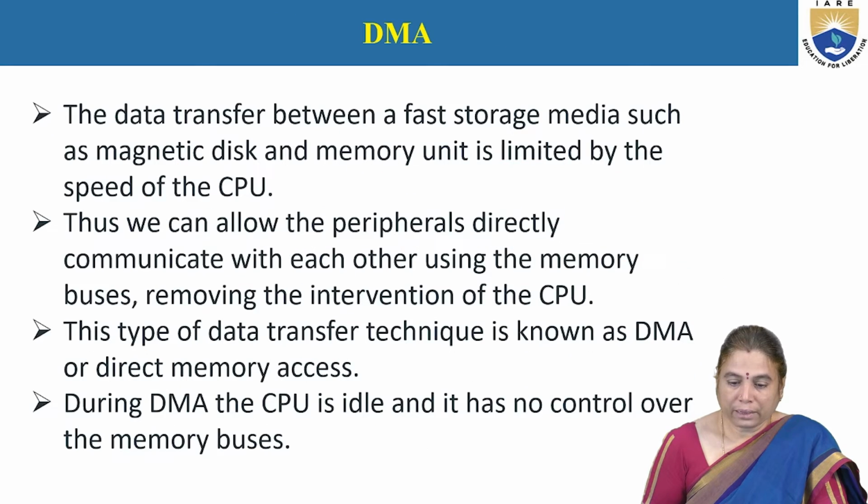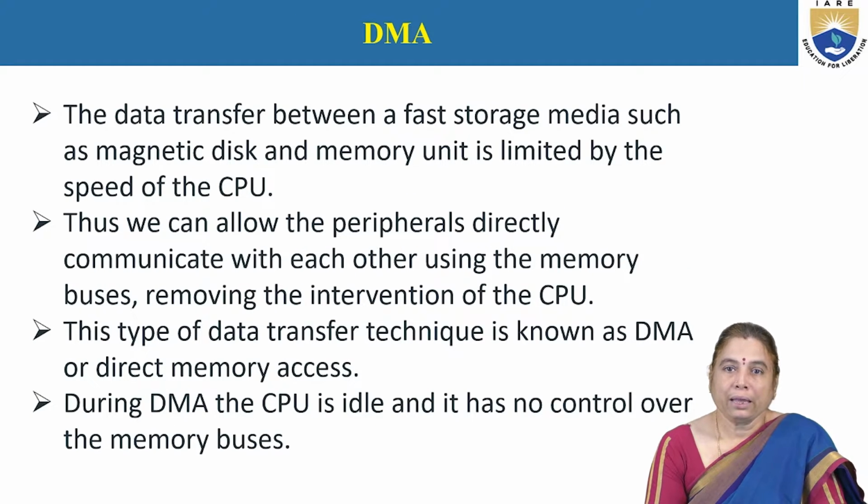And the third method is direct memory access. The data transfer between fast storage media such as magnetic disk and the memory unit is limited by the speed of the CPU.